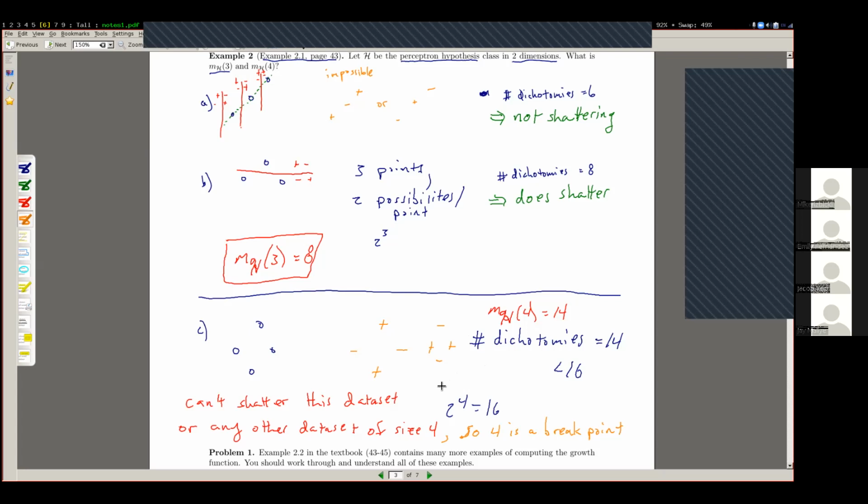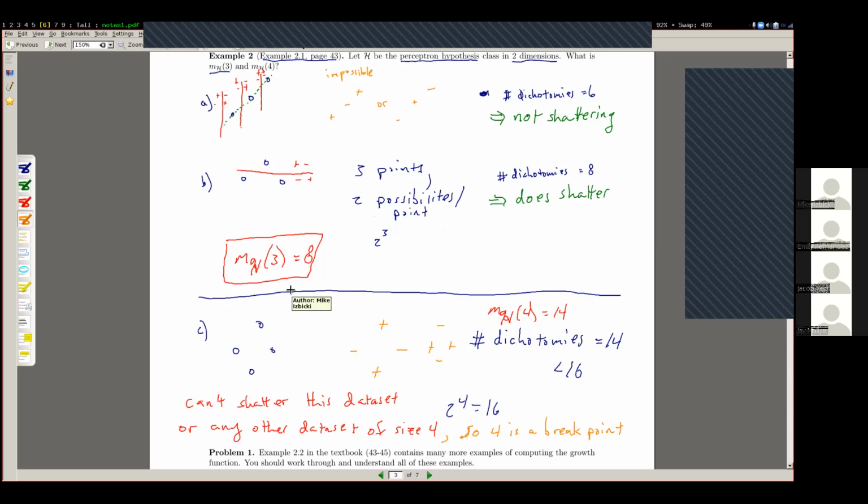Your question, Noah? The question is, does shattering apply to data sets of size 3 or less? The answer is, for this particular hypothesis, the 2-dimensional perceptron hypothesis, we can only shatter data sets of size 3 or less.